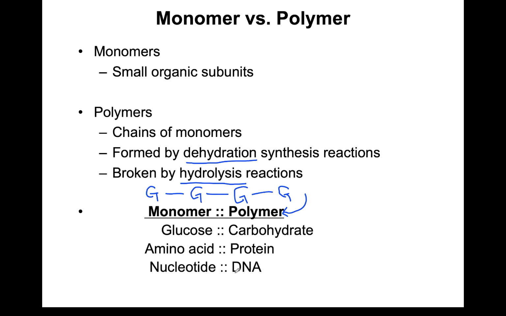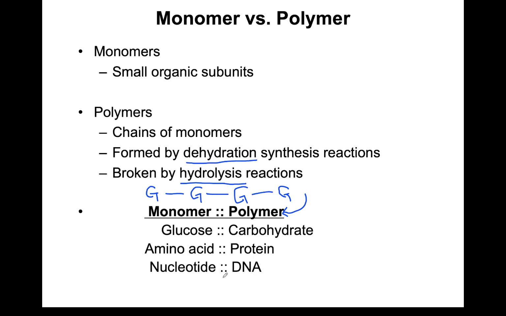Same thing with DNA, deoxyribonucleic acid, and DNA is also a polymer. But this DNA is composed of many single nucleotides. So one nucleotide, another nucleotide, they join together to form a polymer named DNA.